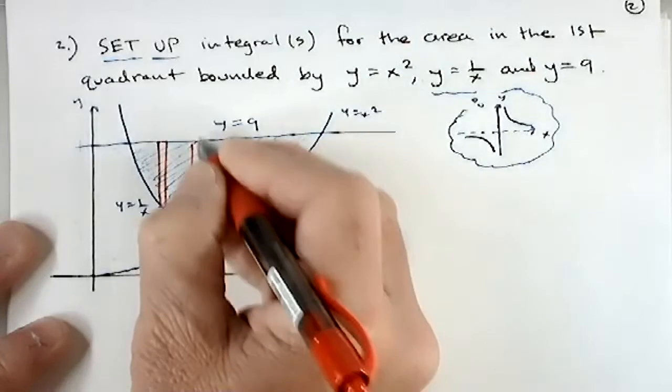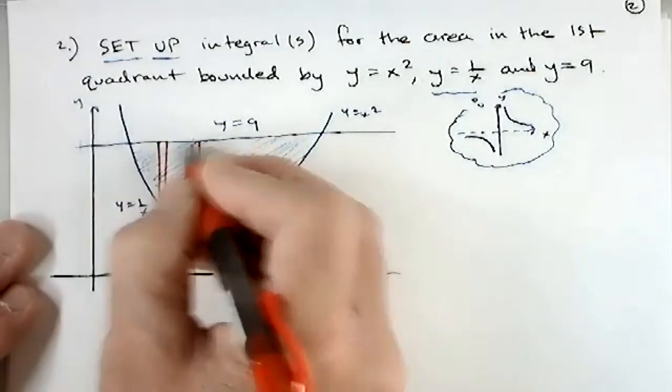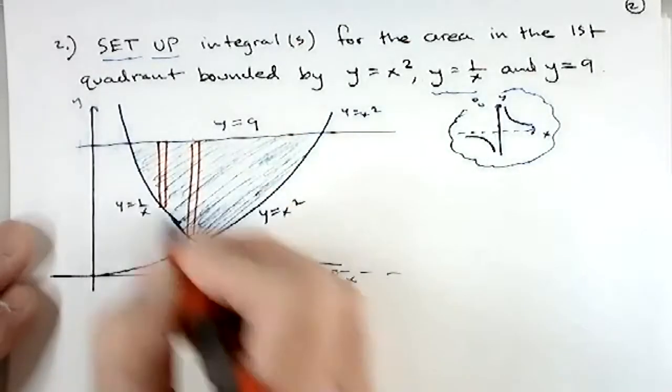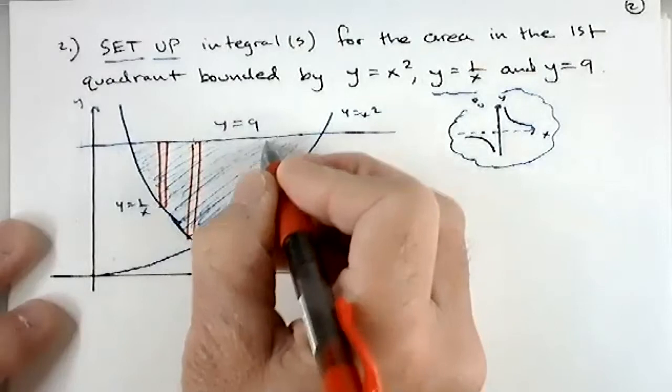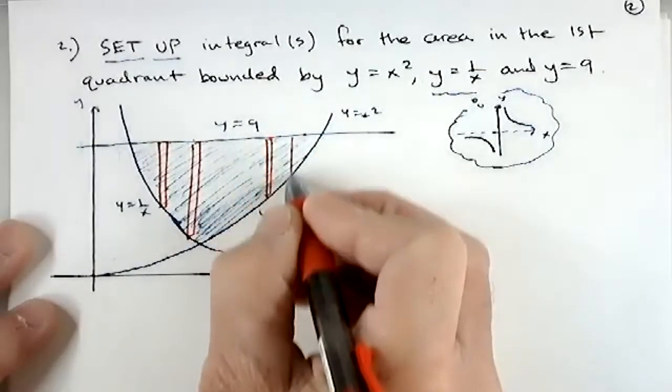And do you see the issue is that right here, for both of these rectangles, the rectangles on the top hit y equals 9. On the bottom, they run into y equals 1 over x. But over here, what changes?